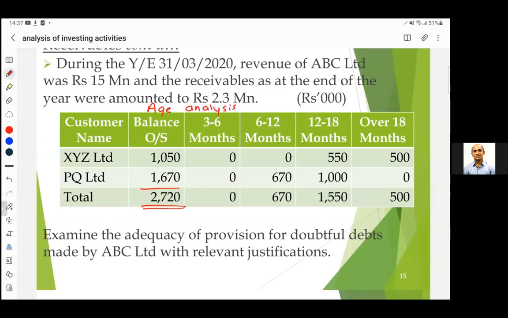You see a larger part of balances are outstanding over 12 months. So this is another observation. Larger part of balances are outstanding over 12 months.